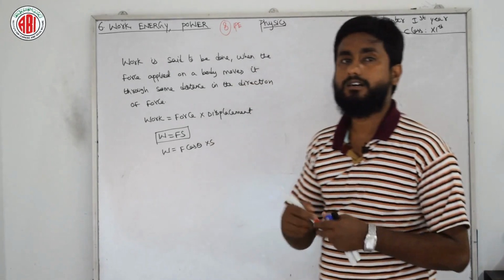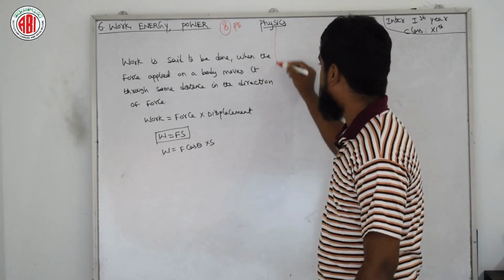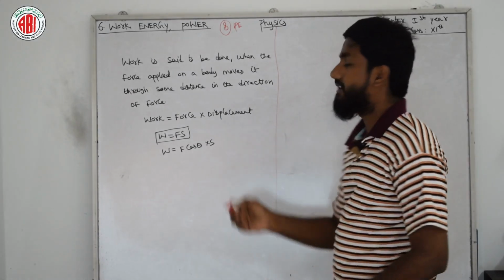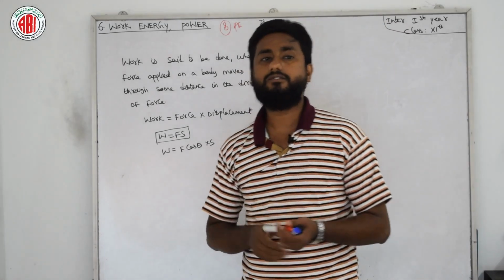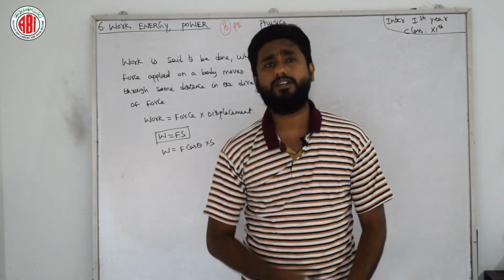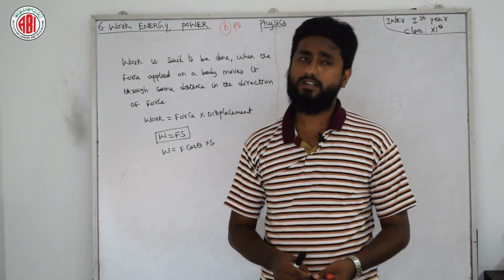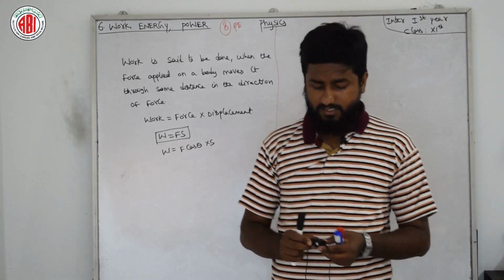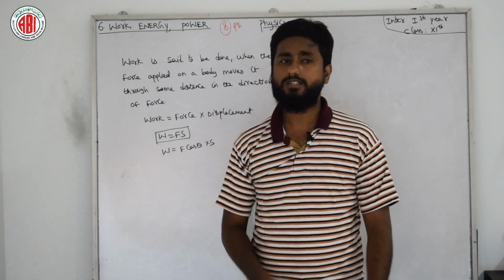Because we are taking a particular direction of the force. This force is split into two components, vertical and horizontal, like cos theta and sin theta. Here we are taking cos theta.